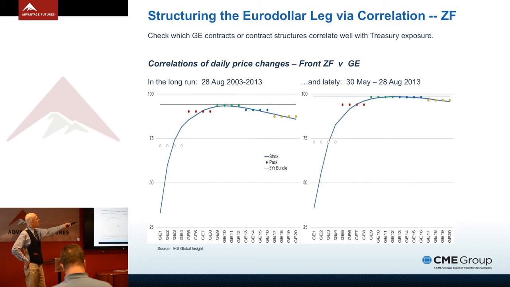A bundle or a pack, green pack to be exact, would be a conservative trade in the sense that the legs are highly correlated. The price dynamics are such that there's not going to be a lot of looseness in it. Your ability to profit might be correspondingly less.